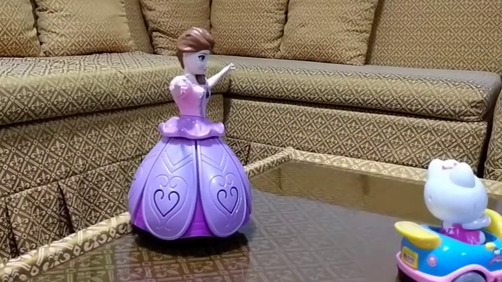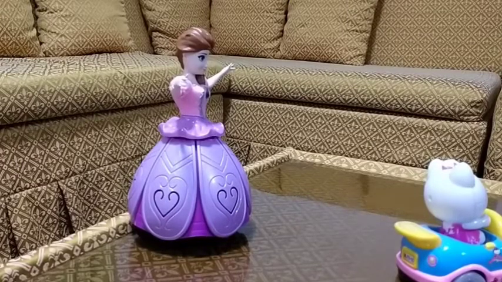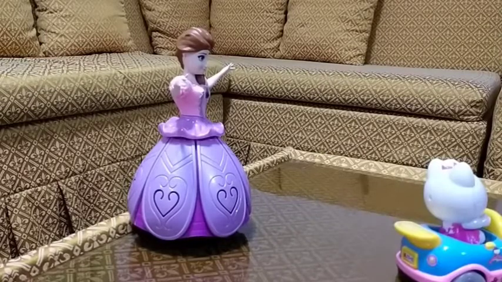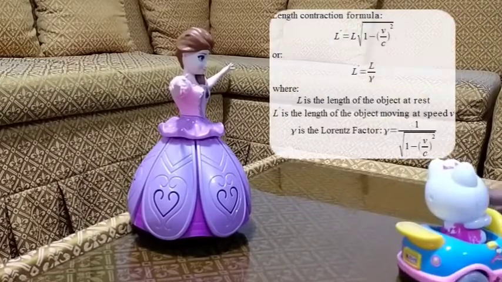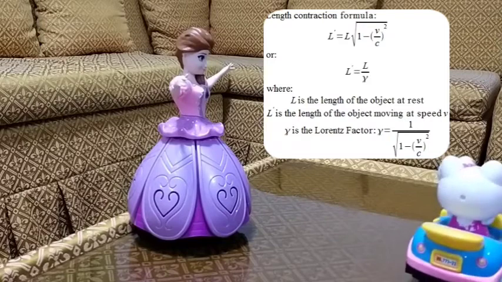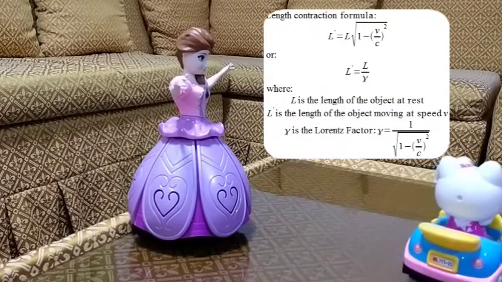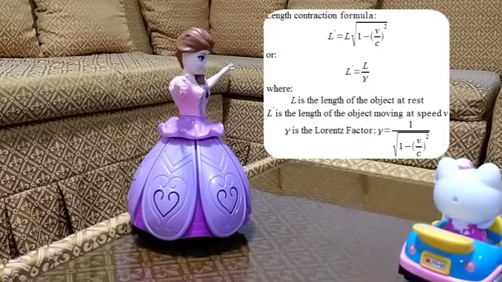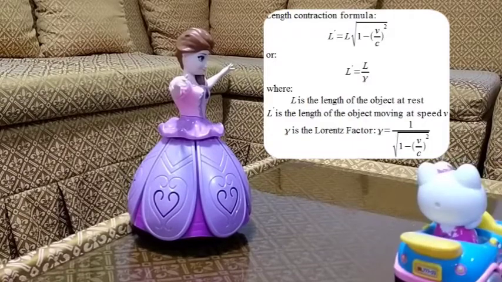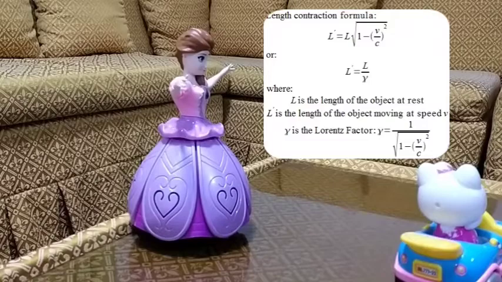So the L, or the contracted length, is equal to the L sub 0, or the exact length of the car ni Hello Kitty, times the square root of 1 minus the square of the velocity over the speed of light squared.